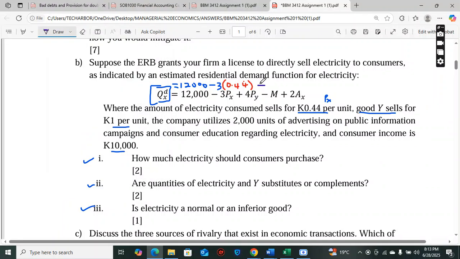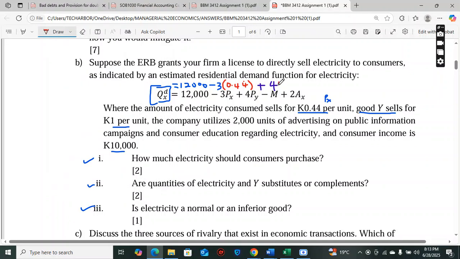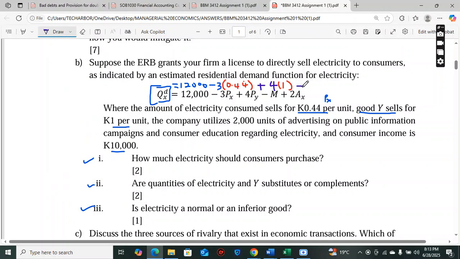Y sells for 1 kwacha per unit, so PY is 1 kwacha. So plus 4, open brackets, 1 kwacha, we substitute PY with 1 kwacha, minus M. M is the income, which is 10,000, plus 2A. Advertising we're told is 2,000 units.